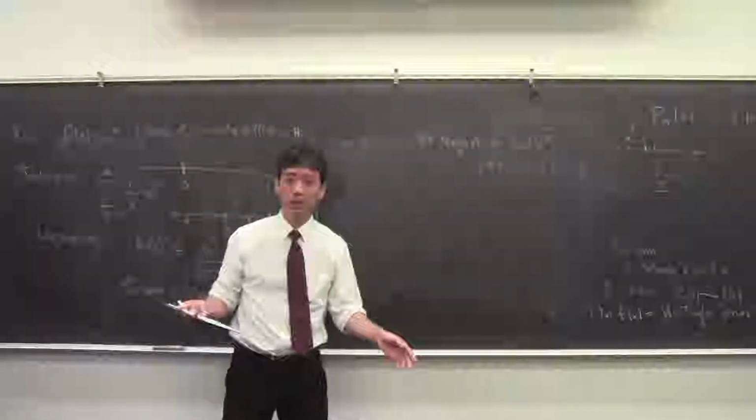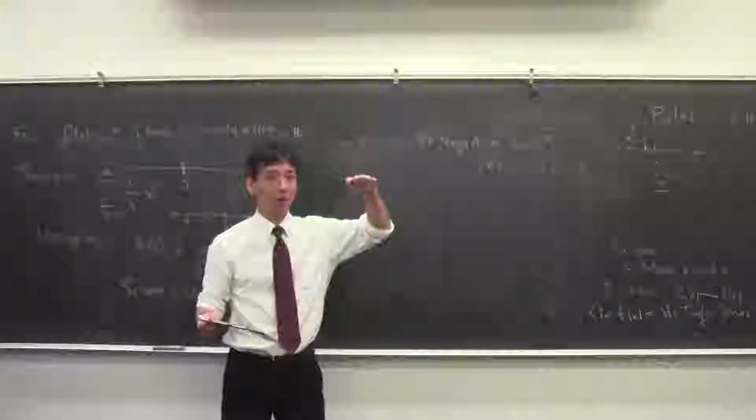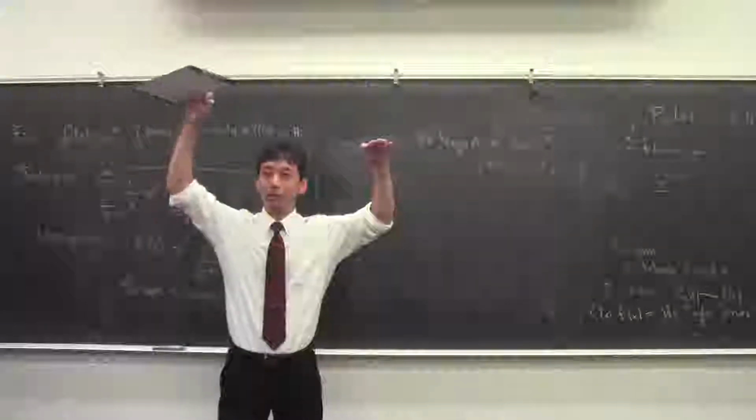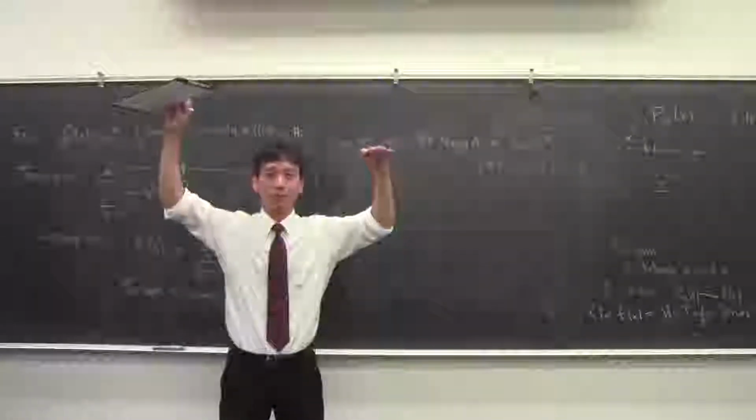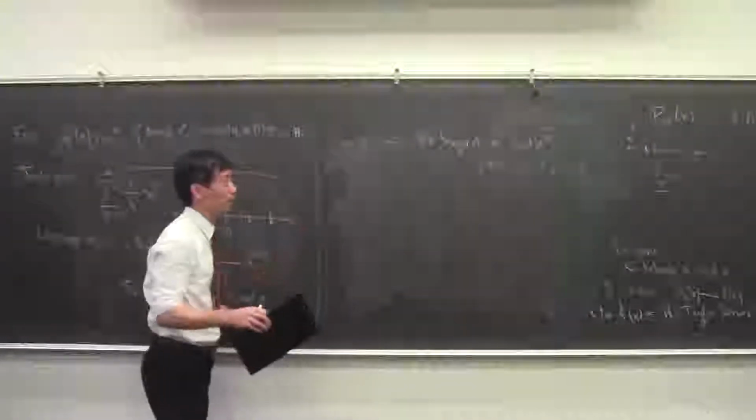It's like saying half of you are smaller than this, and the other half are smaller than this. So all of you are smaller than the larger of the two. That's all we're saying here.